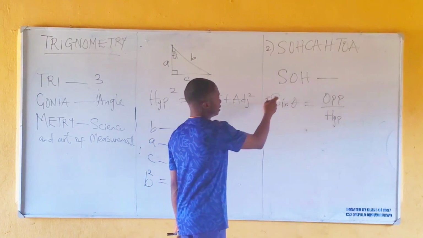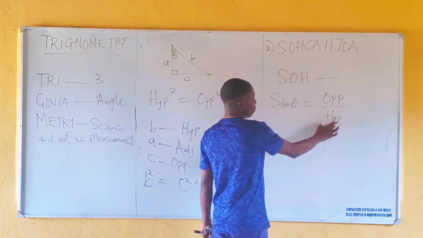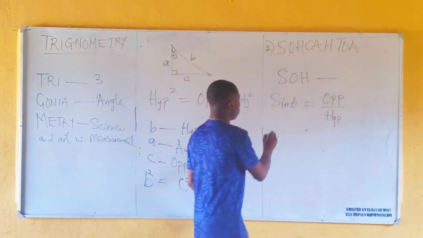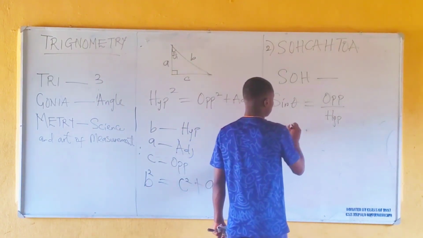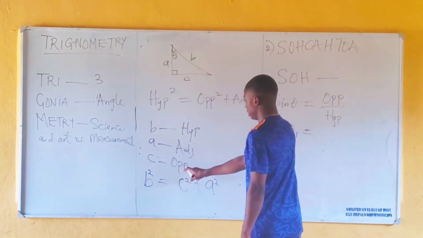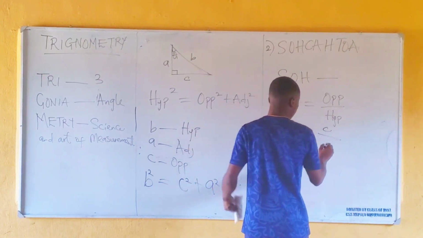S stands for sine, O stands for opposite, and then H for hypotenuse. So here we have sine theta 1 equals, the opposite here is C, C all over B.